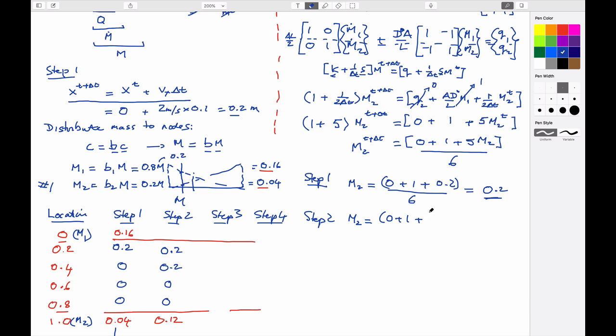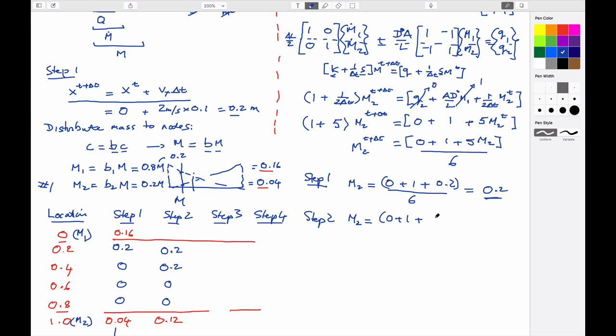And this term is going to be equal to 5 times whatever M2 was. 5 times this is 0.6, I think. Is that right? Is it 0.12 or is it 0.14? Where did I get that last time? Five times I had 0.14. Doesn't matter. Okay, so I'll go with what I think here.